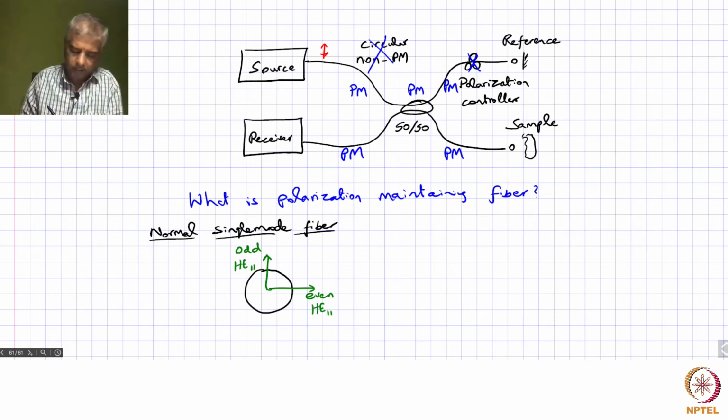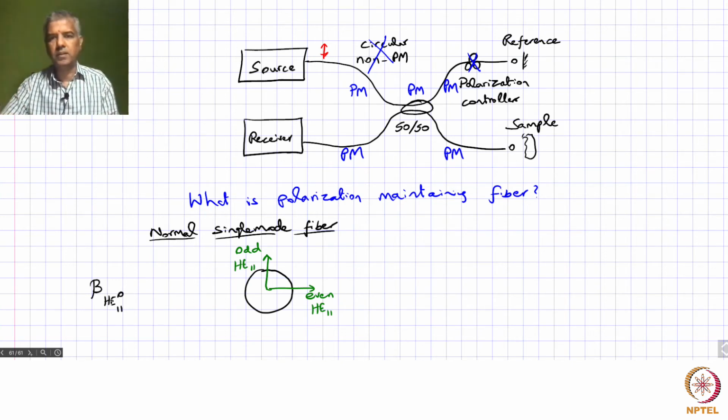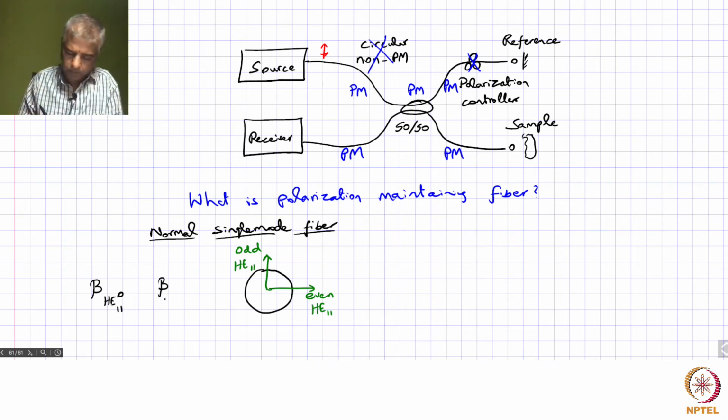So you can say beta of HE11 odd corresponds to the phase constant for the odd HE11 mode, and beta of HE11 even corresponds to the phase constant of the even HE11 mode. In a normal single mode fiber, these two are equal.